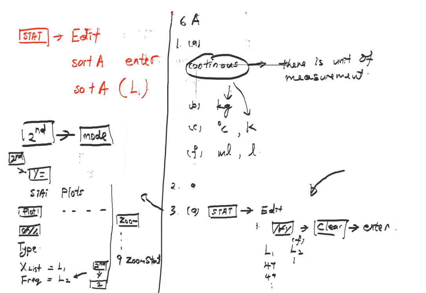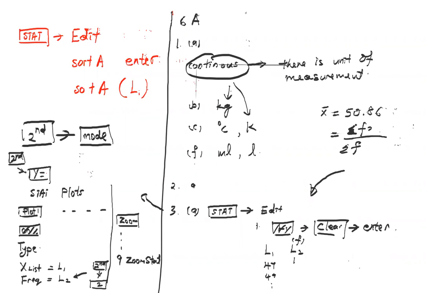So for this case, you will get the mean as 50.86. Okay, if you are using the formula, you have to use this formula, sum of fx over sum of f. Right?